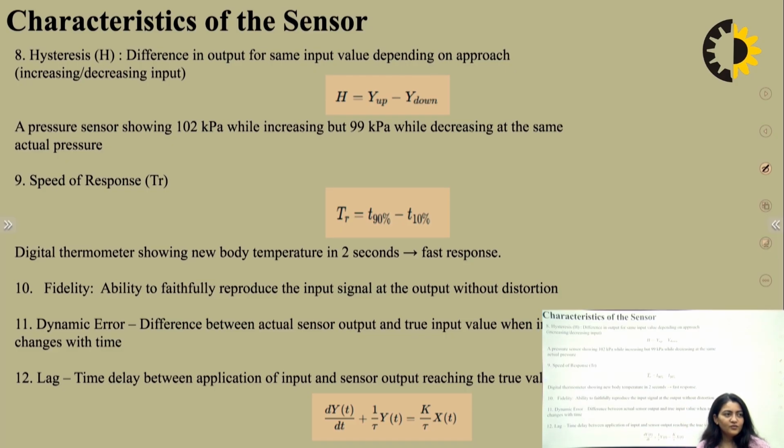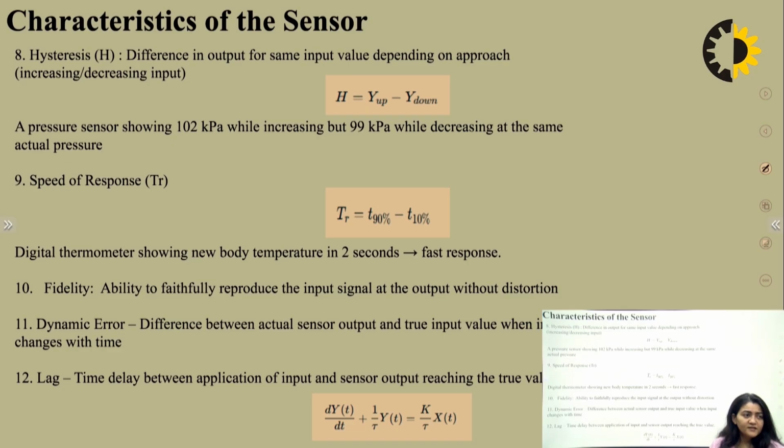We all know that. Then speed of response, these are the dynamic characteristics basically, how fast your response is. Suppose you connect your thermometer with some material, and the reading quickly starts to change. That means it is a high speed response, but if it takes some time, then the response time is slow.